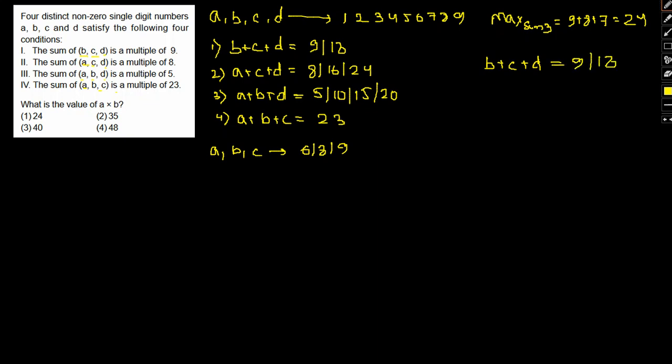Now you notice something, whether b or c, whichever of these two it is, either way it is not possible for this term to be equal to 9. So therefore b plus c plus d has to be equal to 18, and similarly a plus c plus d also cannot be equal to 8, because 8 will be independently one of these terms, so that condition is also gone.